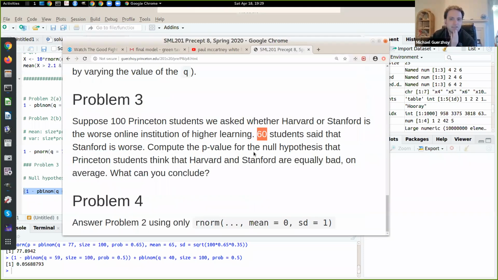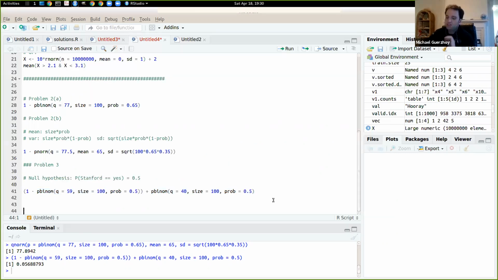Okay, so that's that. So problem 4 is to answer problem 2 using only r-norm with mean 0 as the 1. So what do we want to do? We want to generate samples from this distribution, which are going to be like the number of answers that are Harvard, for example.